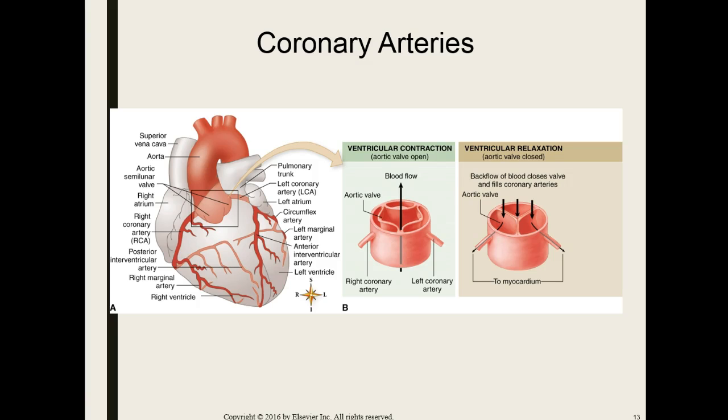So if we look here, here's the aorta, and then here is the right coronary artery and then the left coronary artery. This is what provides blood to the heart itself. It doesn't get the oxygen and nutrients from the blood that's inside of it. It has to come through its own circulation.